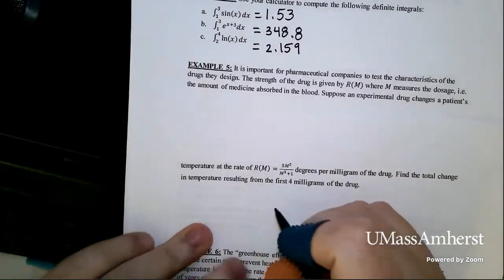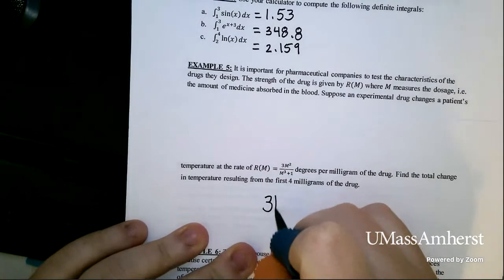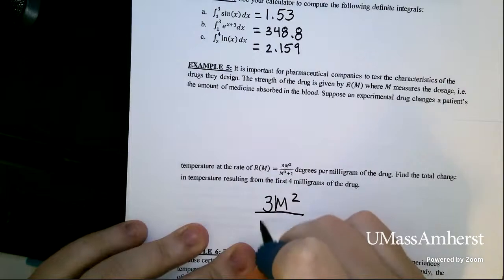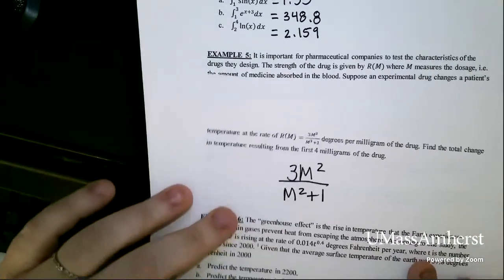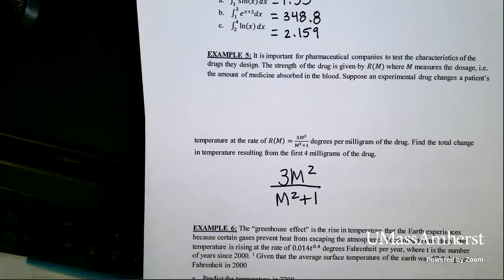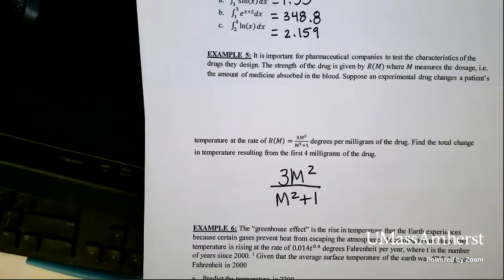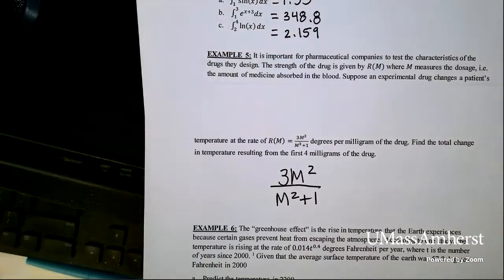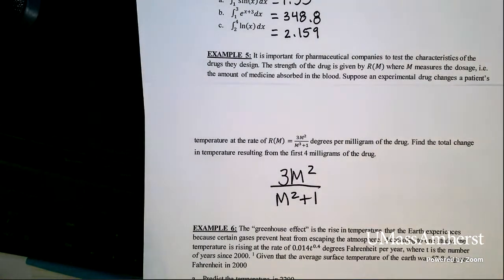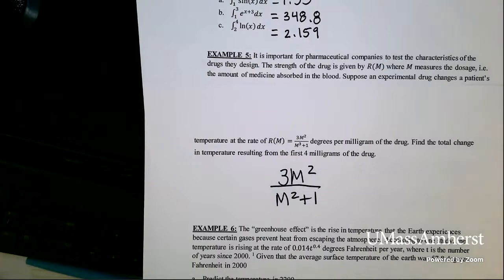Okay, so I'm just going to write this function a little bit bigger, just because the print is really small. I want you to think about how we might use that rate, what we might need to do, if we need to integrate, and if so, what the bounds are that we need to use. I'm going to give you about 2 minutes. See if you can work this out. See if you can figure out how to put it into your calculator, what the integral might look like if you set one up, having all the correct parts, and what the final result will be and what that result means.